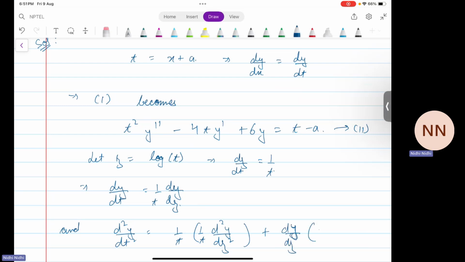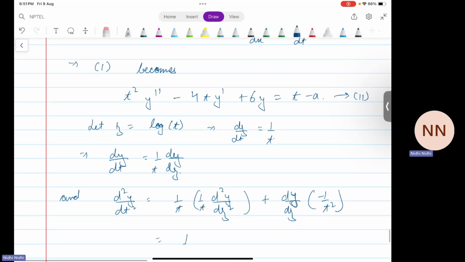Derivative of 1/t would be minus 1/t², which gives us (1/t²) d²y/dz² minus dy/dz.